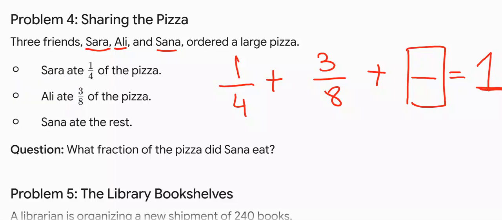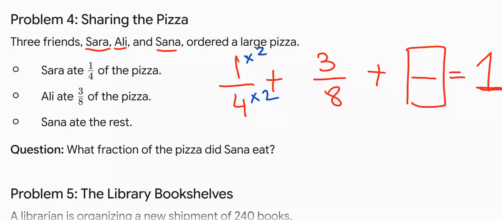So first of all, we will make the denominator the same. Multiply it by 2. When I multiply it by 2, I will get 8 here. Denominator 8, and here the denominator is already 8. Okay. So I will multiply it by 2 and do the same thing with the numerator.